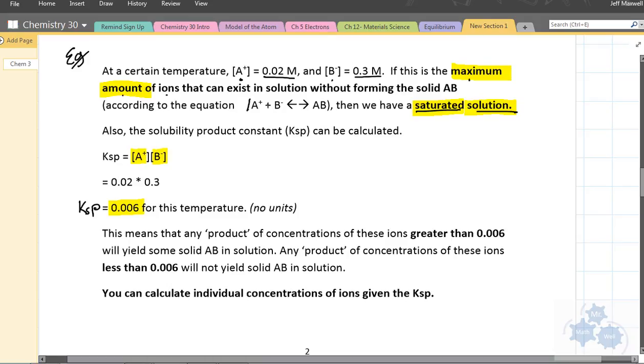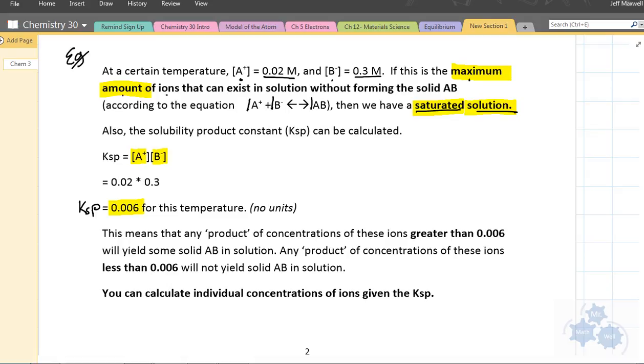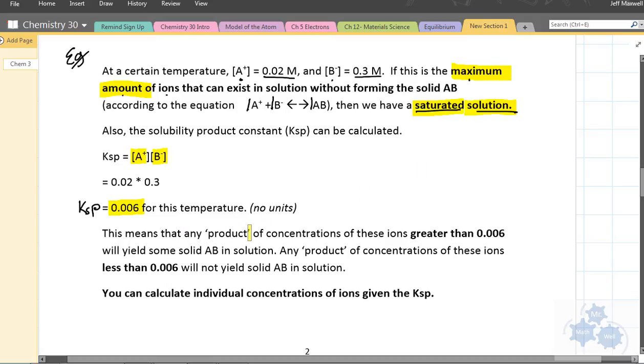And this is, of course, for the balanced equation, 1 to 1 to 1. So just like the Keq, we're going to have to pay attention to the coefficients as well. A lot of it's the same. So any product of concentrations of these ions that's greater than 0.006, that means we're going to get some solid AB.